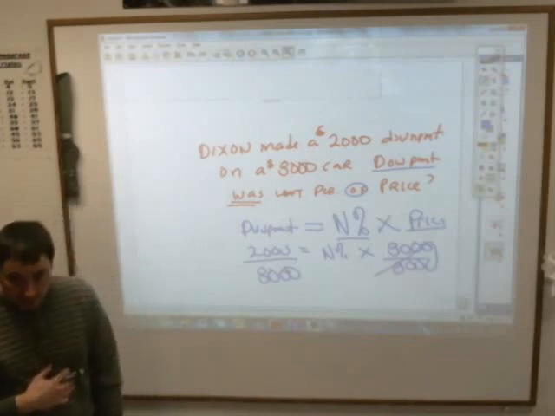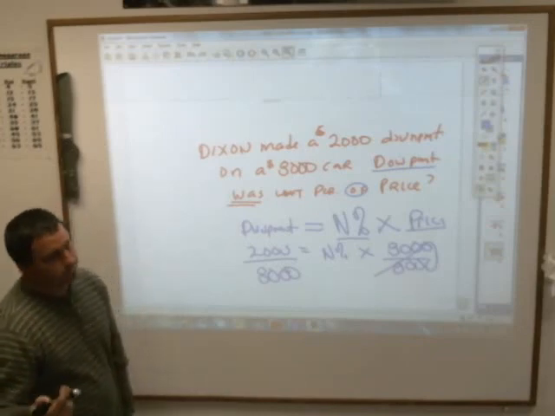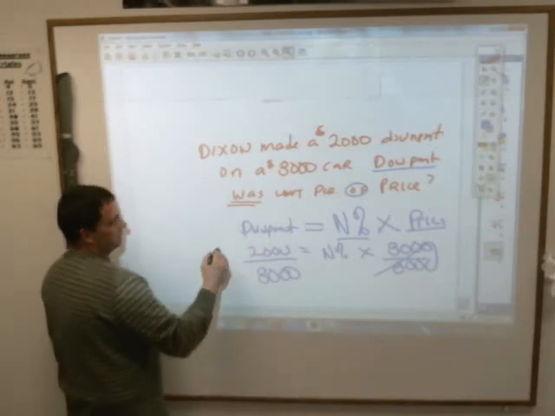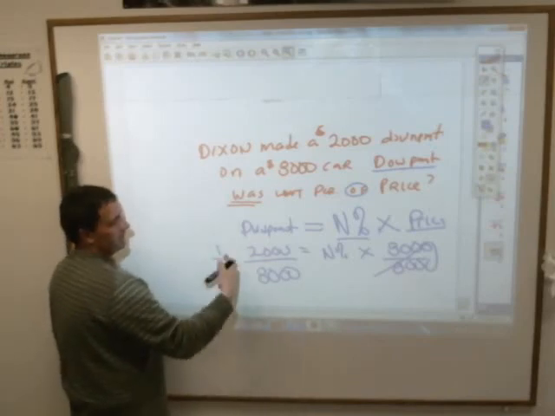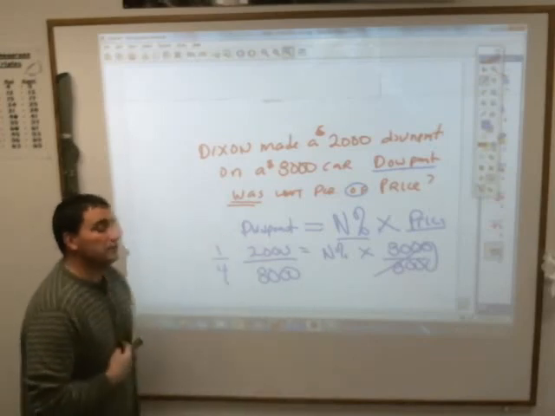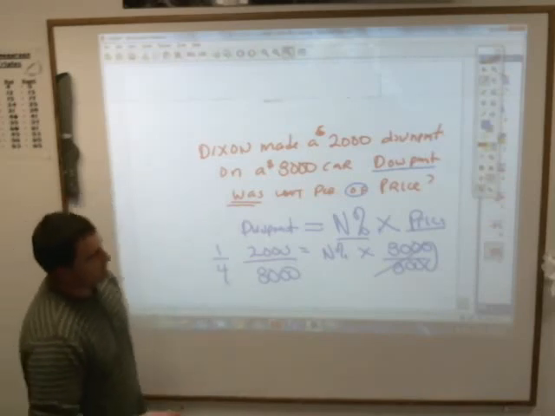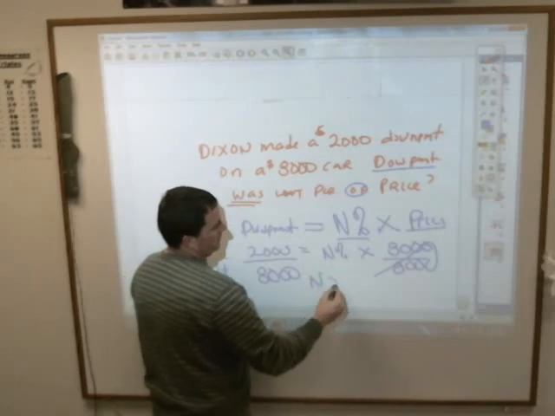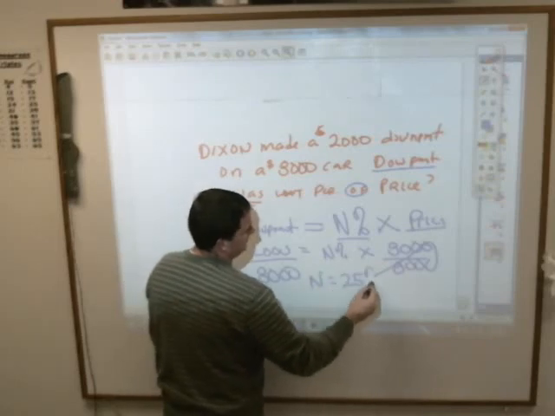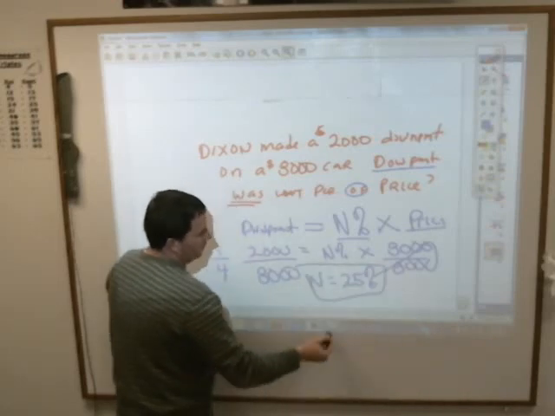Johnny? Exactly. 1/4 is what this is, the fraction, divide them both by 2,000. And then hopefully you know what percent 1/4 is. 1/4 is 25%. So the letter N equals 25%.